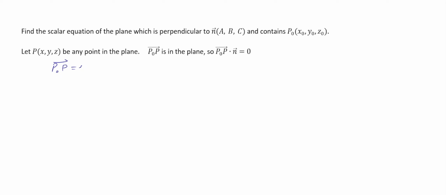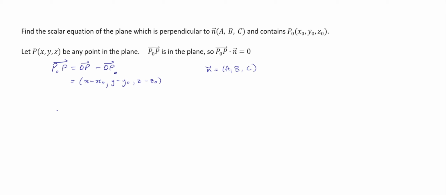Okay, so we know that P naught P is the final position vector minus the initial position vector right there. So that's just going to be equal to x minus x naught, y minus y naught, and z minus z naught. The normal vector is given as a, b, c.